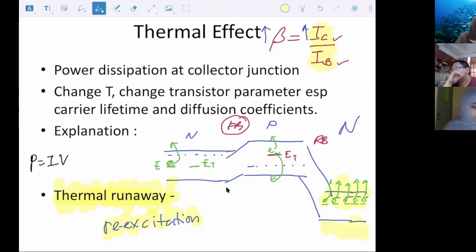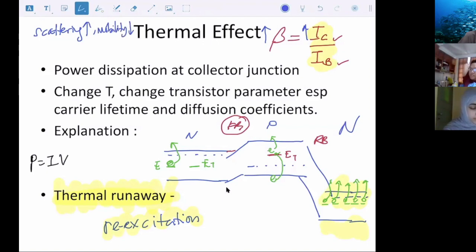Number two mechanism is the mobility will decrease because of the scattering. So when you have scattering increase, mobility decreases, right? So when mobility decreases, the current will decrease, therefore beta decreases, right? So there are two mechanisms over here.